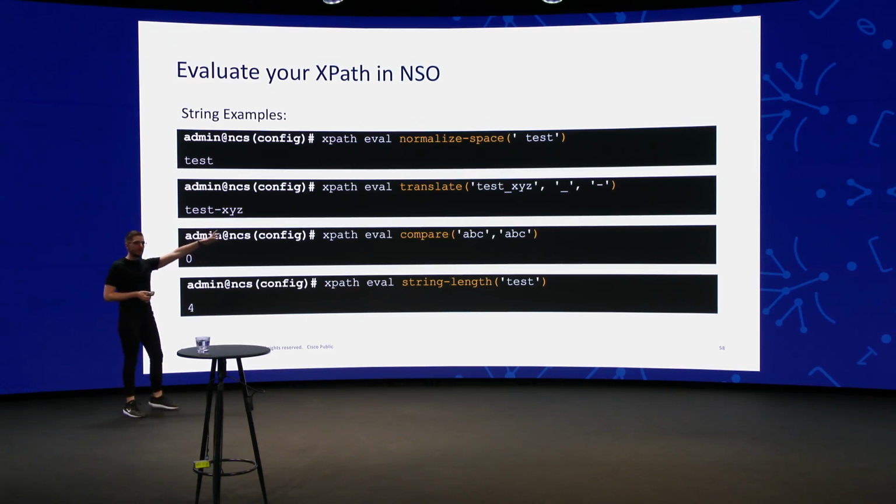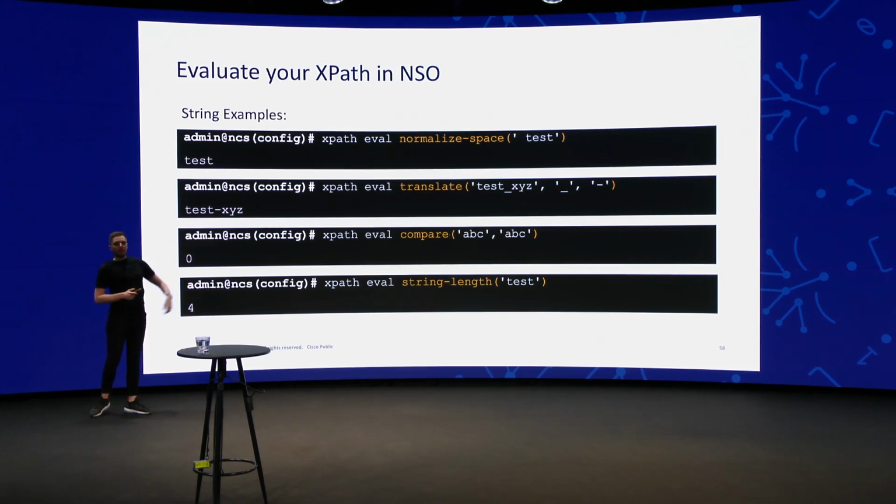Translate, that might be something interesting. Very often we have an underscore in our string, and we want to change it to something else, like a dash in this case. We can do that by passing this leaf value string, and then we say what we are replacing with what.